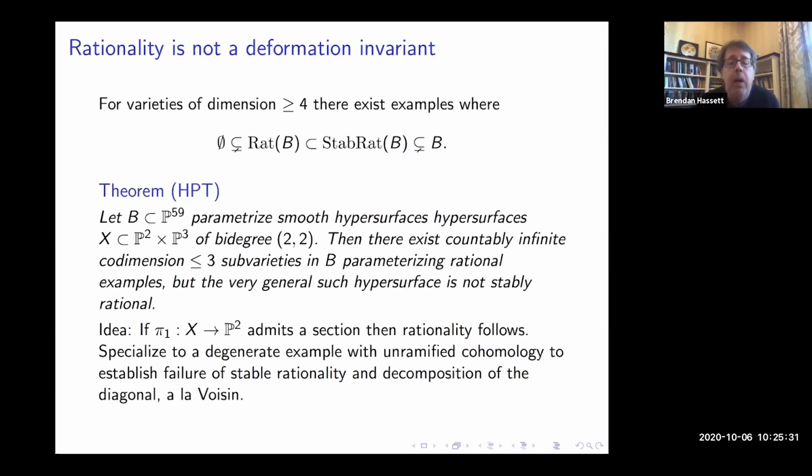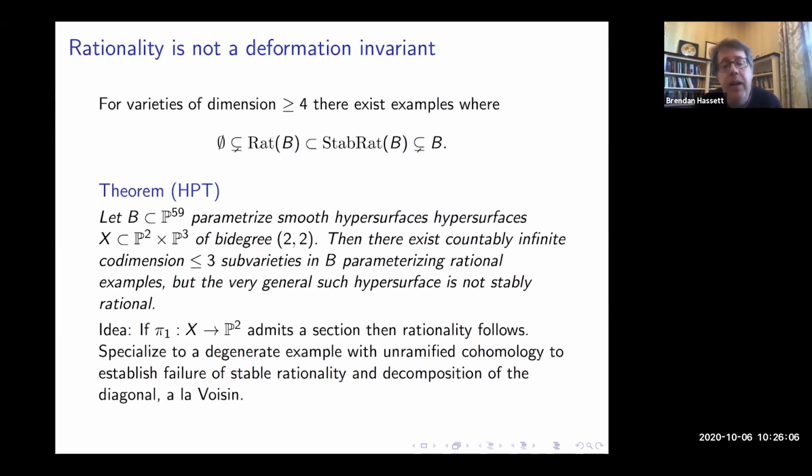Such a rational section suffices to guarantee that the fourfold is rational because it's rational over the function field of P2. On the other hand, these powerful techniques by Voisin, the decomposition of the diagonal, can be used to show that a very general representative of this moduli space is not stably rational by degenerating to a carefully chosen configuration where there is actually unramified cohomology in the desingularized version of this degenerate family.